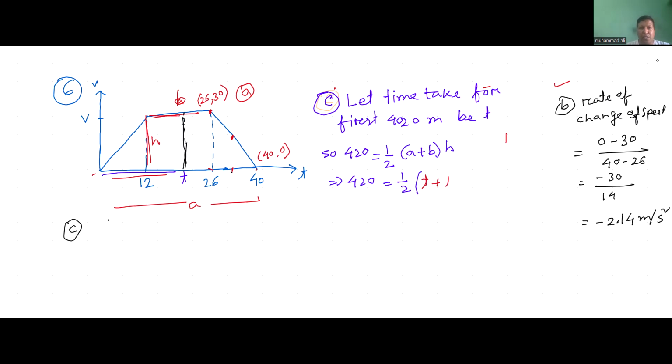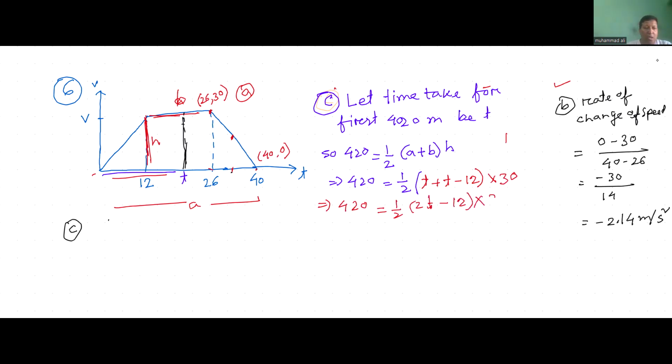And h is this, which is v. What did we get for v? We got 30. Now 420 equals half, this is (2T minus 12) into 30.